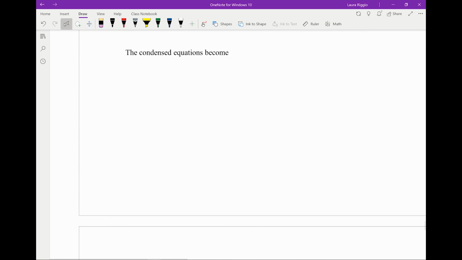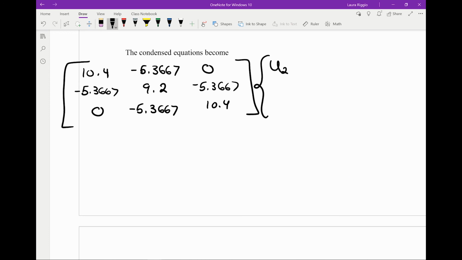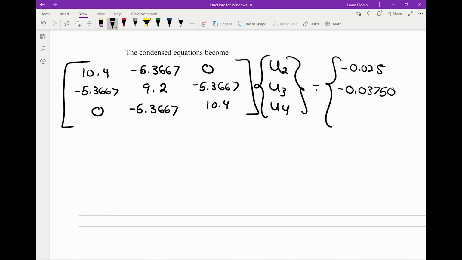So our condensed system of equations after applying our boundary conditions become 10.4 minus 5.3667, 0, minus 5.3667, 9.2, minus 5.3667, 0, minus 5.3667, 10.4, times U2, U3, U4, equals minus 0.025, minus 0.03750, minus 0.19167.